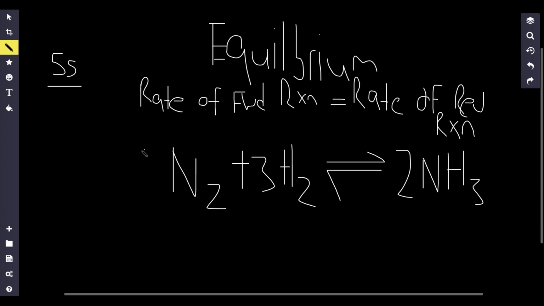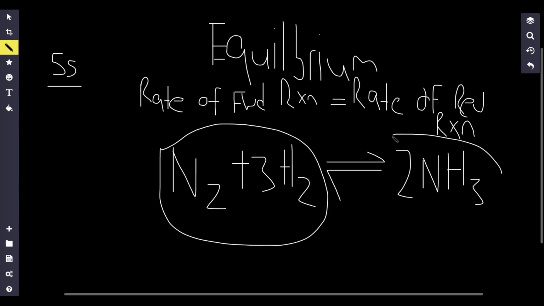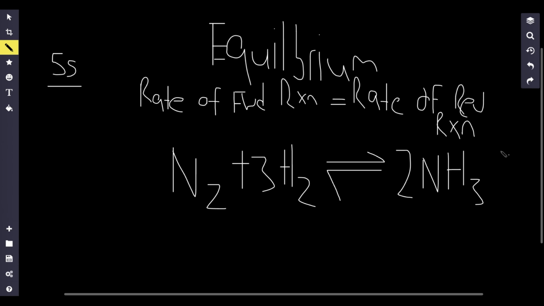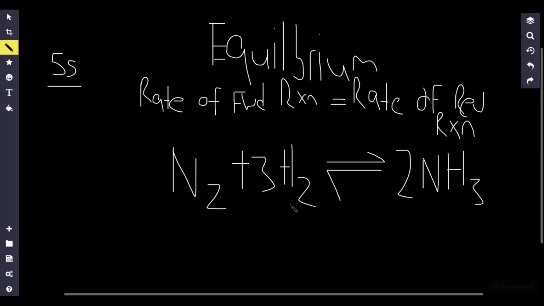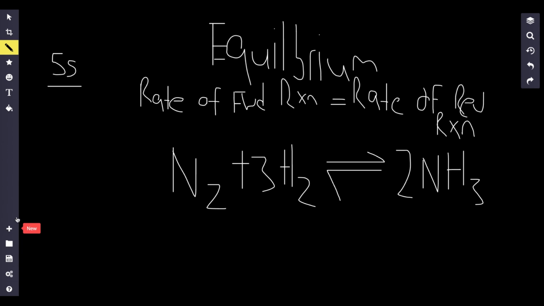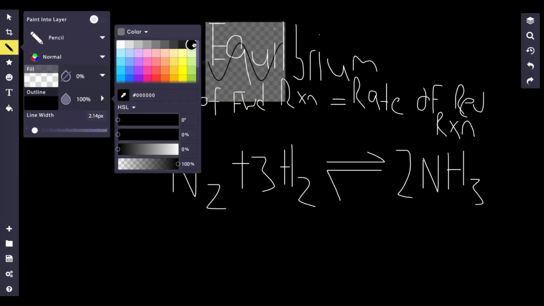So if every 5 seconds these two things react to form NH3, at the same time this NH3 would be breaking down into N2 plus 3H2 at the same rate. So at equilibrium, the rate of the forward reaction equals the rate of the reverse reaction.